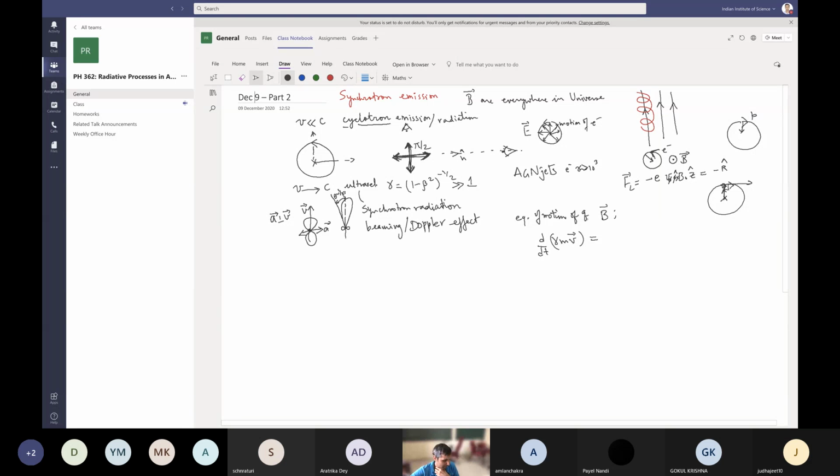This is equal to q/c v cross B. This expression for the Lorentz force is correct relativistically. v is the particle velocity, B is the externally imposed magnetic field, and q is the charge.